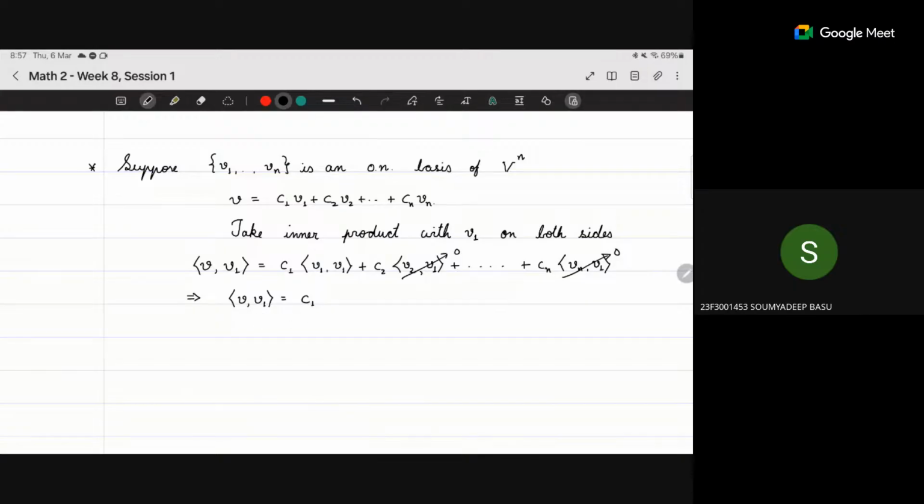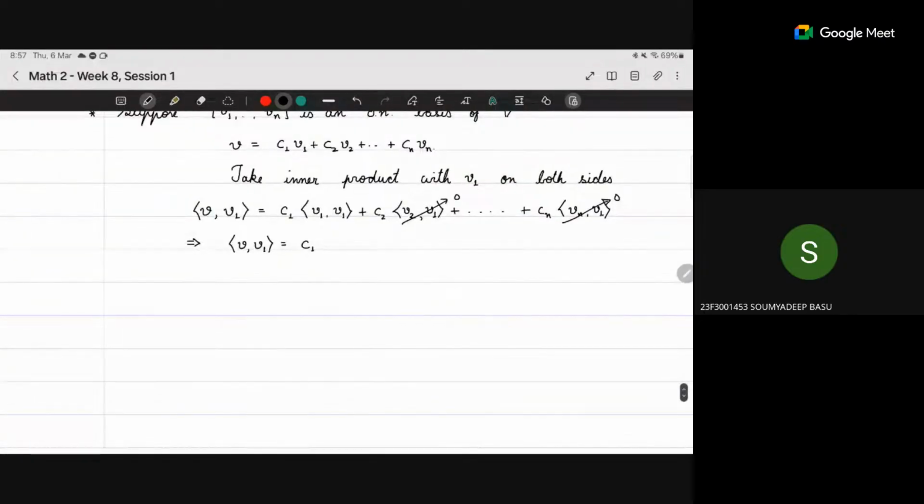If I do the same exercise with V2, I'll get the inner product of V with V2 is C2, and so on to Vn is Cn. You see, the coefficients of a vector can be obtained just by taking the inner product of the given vector with the basis vectors.